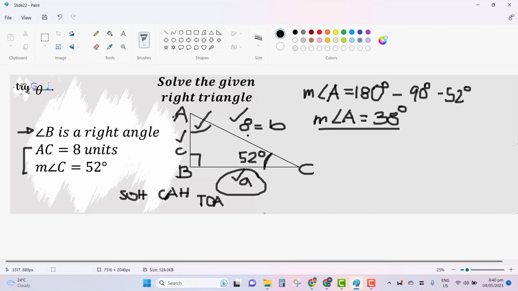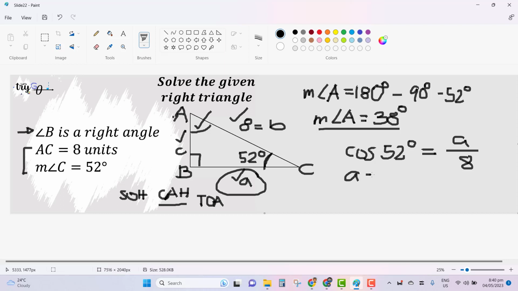So again, we're using the hypotenuse and your adjacent side. We are going to use here CAH to solve for side A. That's cosine of 52 degrees is equal to adjacent, that's your A, over your hypotenuse, which is 8.